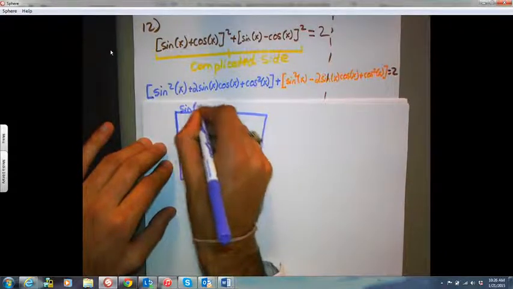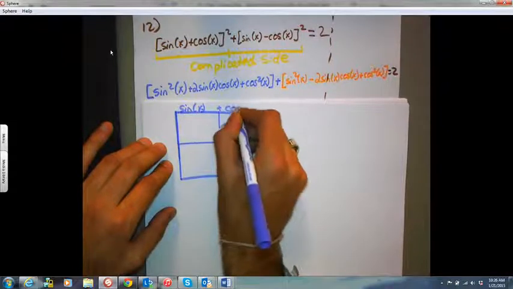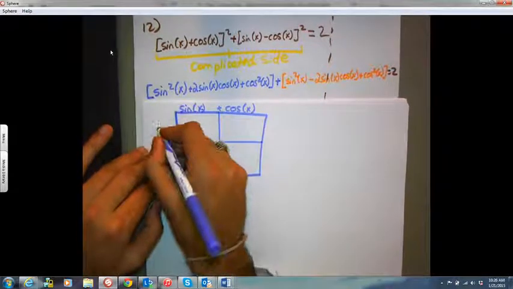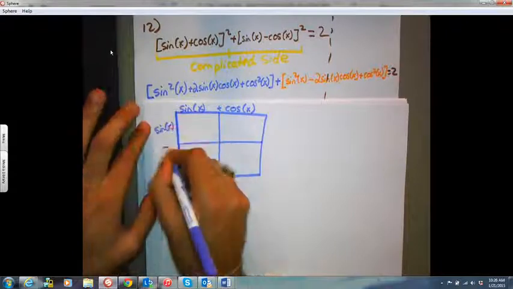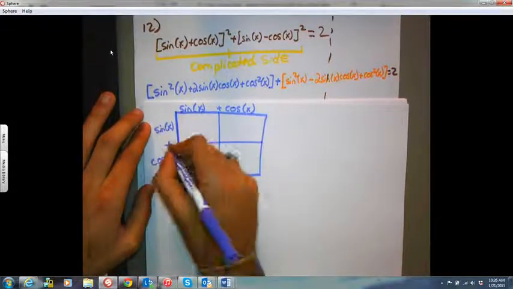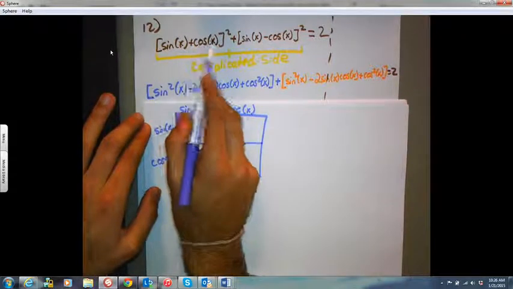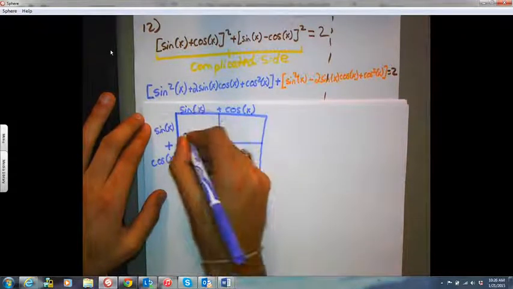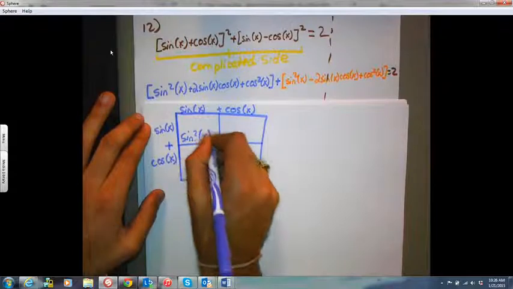So we're squaring this, which means this times itself. Sine times sine, sine squared. Sine times cosine, sine x cos x. Sine times cosine, sine x cos x. Cosine times cosine, cosine squared x.